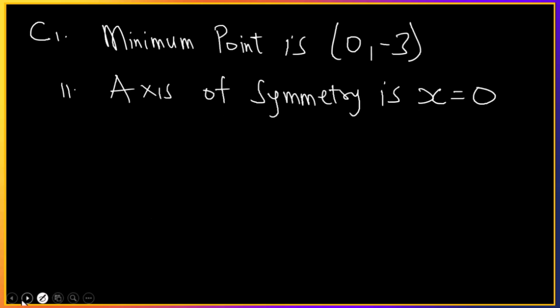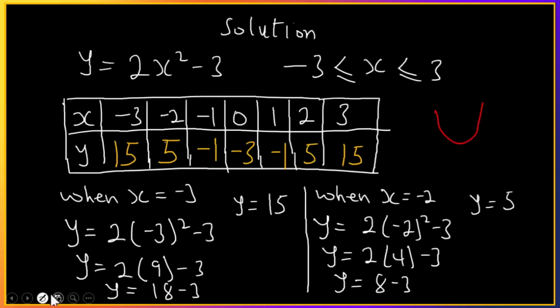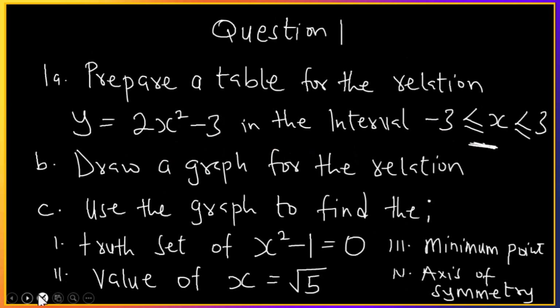Now we move on to the next part, which is the truth set. The truth set of x squared minus 1 equals 0.